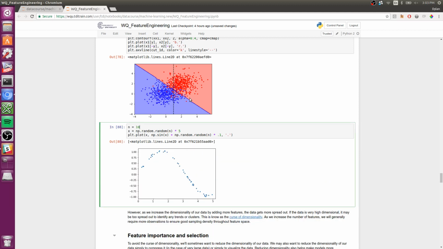And as I increase back up to 100, I start to become pretty certain that this is a sinusoid. So there's a trade-off between the amount of variance and the number of points we need in order to detect some signal through the variance in our data.